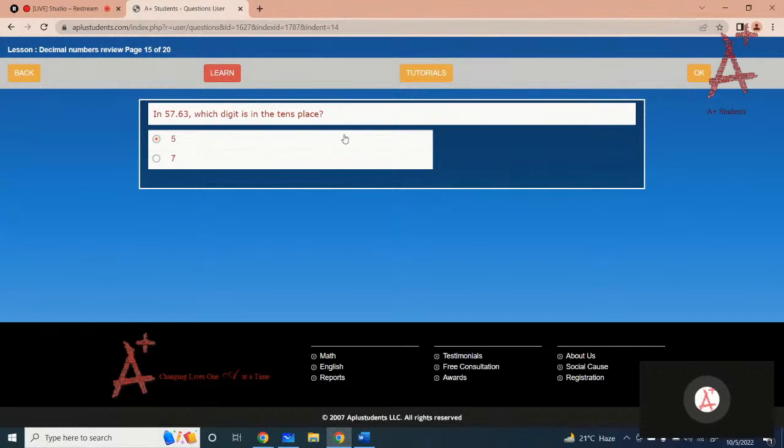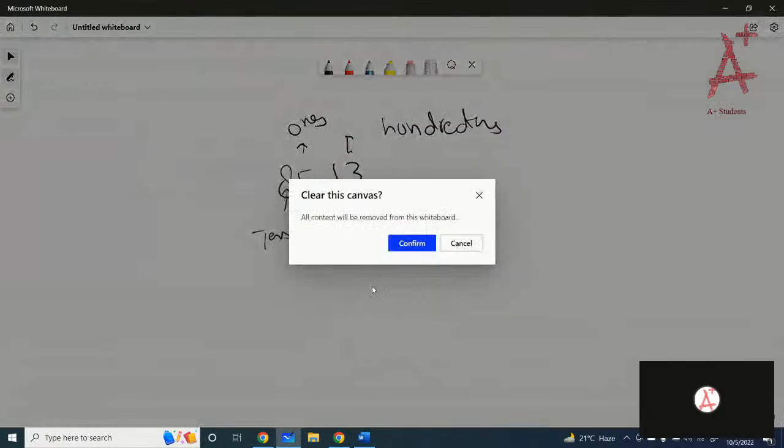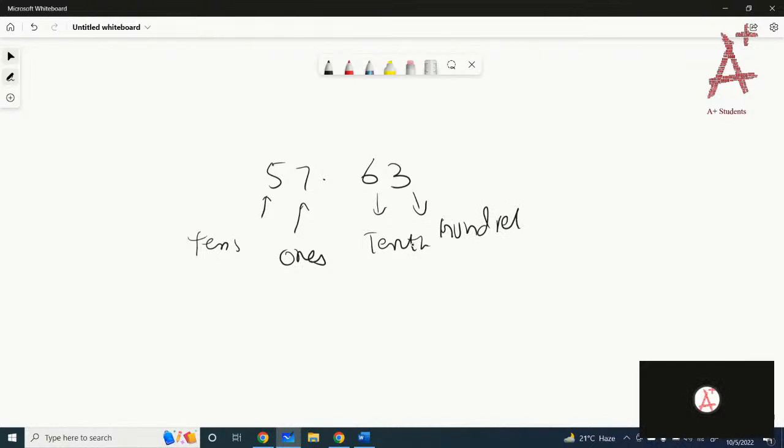Let me explain 57.63. 7 is at the ones position, 5 is at the tens position. On the right-hand side, 6 is at the tenths position and 3 is at the hundredths position. Got it? So the digit that is at the ones place is 7.